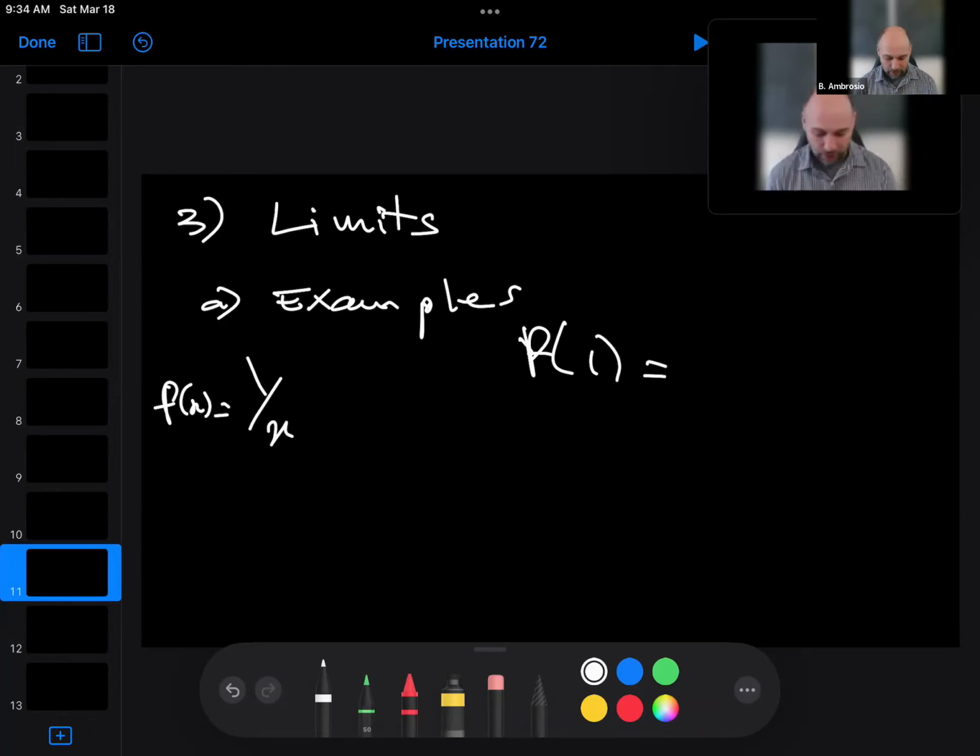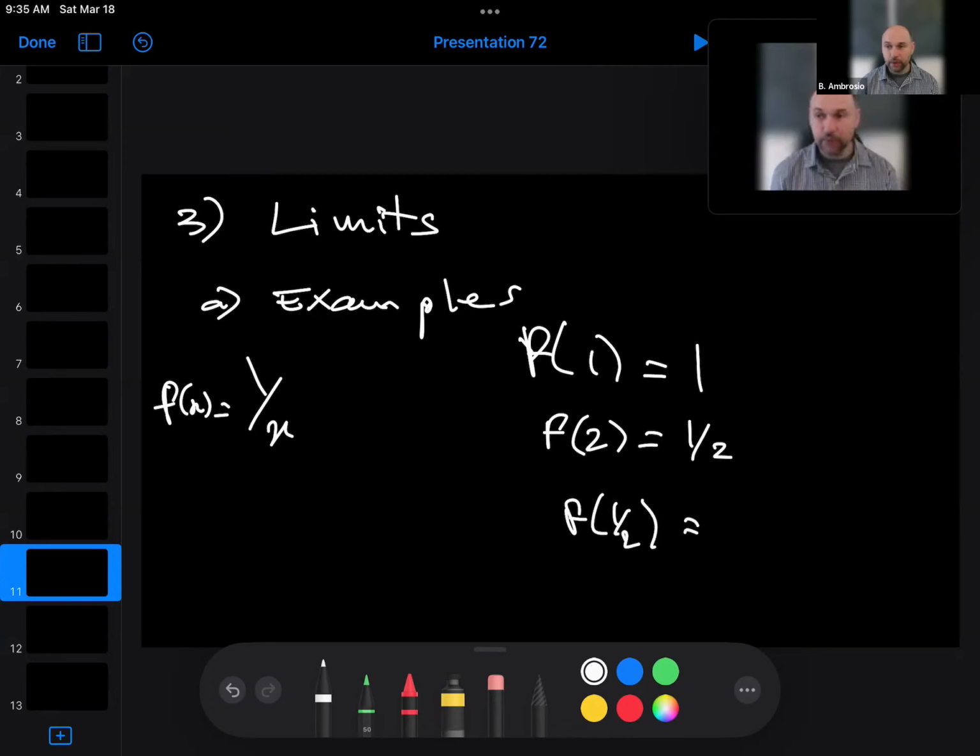If f of x is 1 divided by x, f of 1 is what? So f of 1 is 1. f of 2 is 1 divided by 2. What about f of a half? What's the value of that?